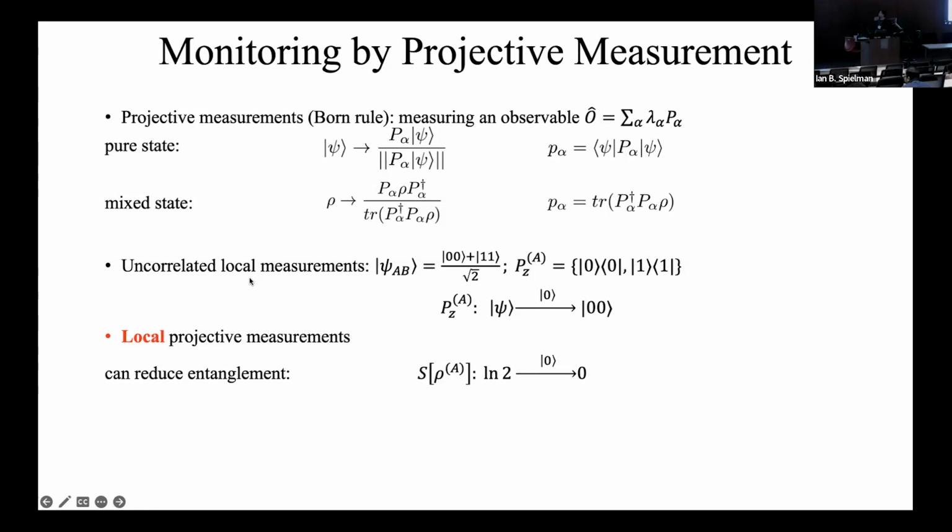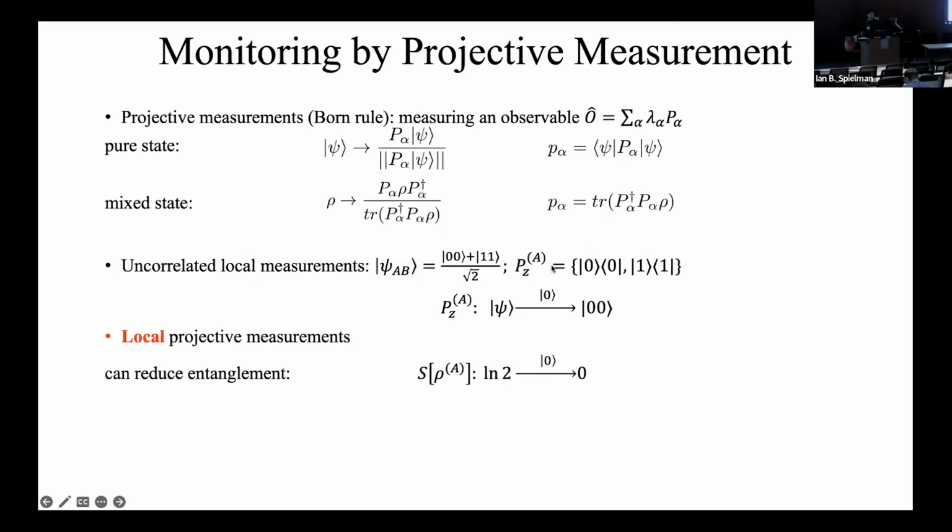Now, if we have uncorrelated local measurement operators, generically we end up reducing the entanglement entropy of the system. The simplest example we can imagine is a Bell pair. It has a non-zero entanglement entropy if we consider the A or B qubit.